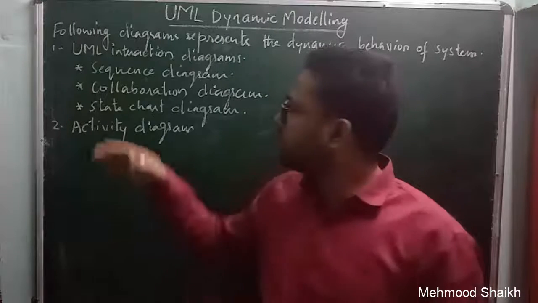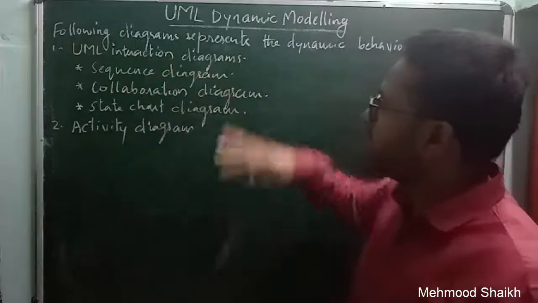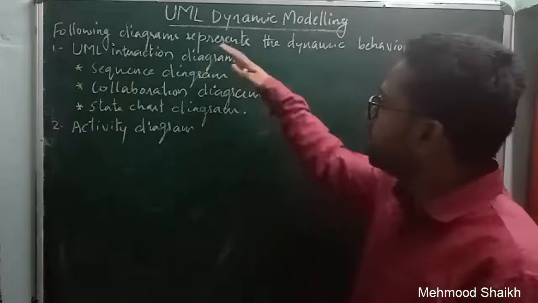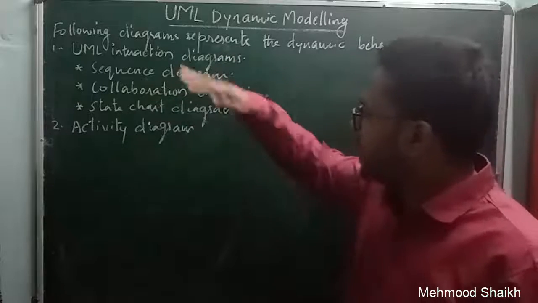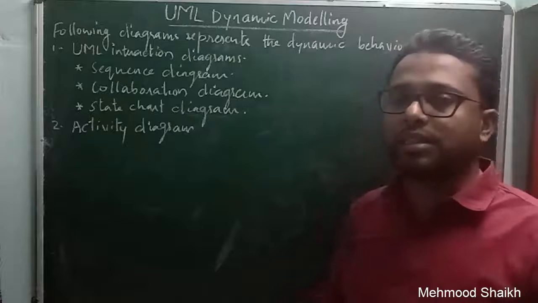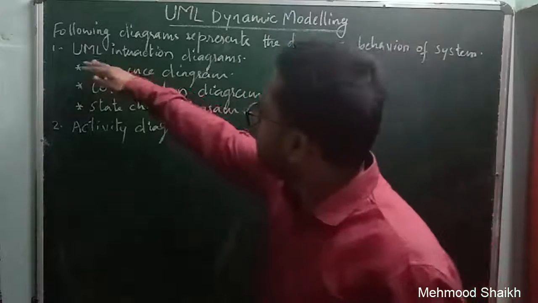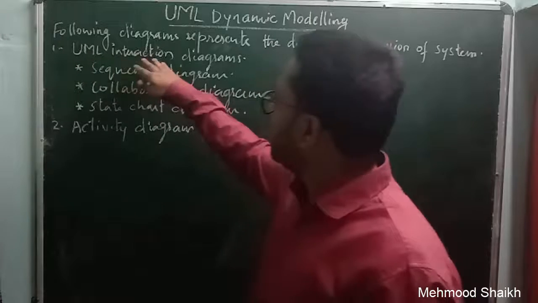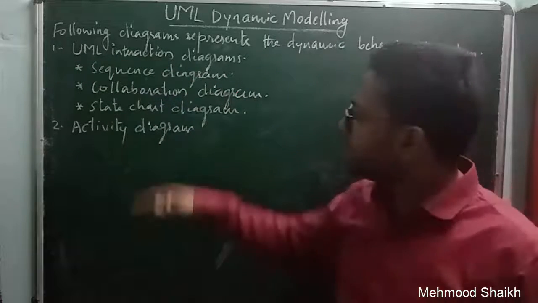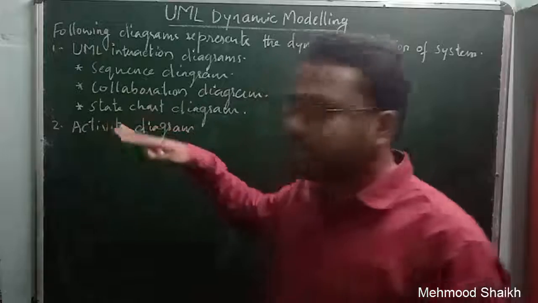Here you can see the following diagrams available under UML, and these diagrams, as I have said, are used to represent the dynamic behavior of the system. They include UML interaction diagrams, and then we have activity diagrams.